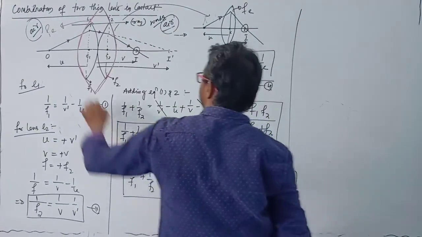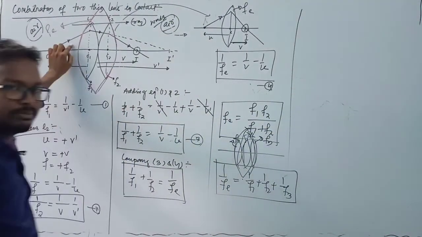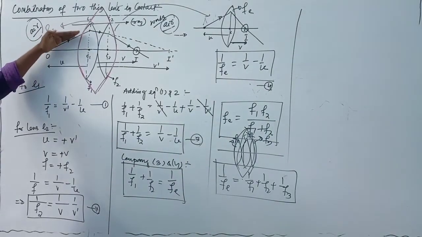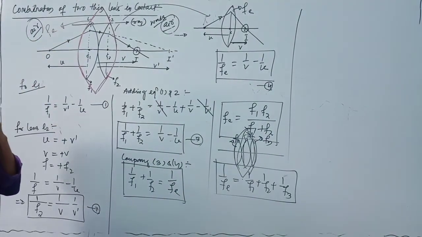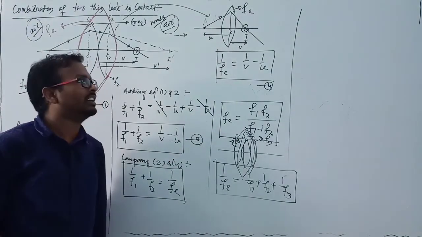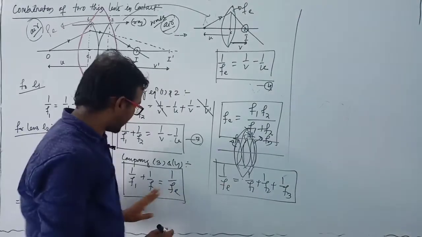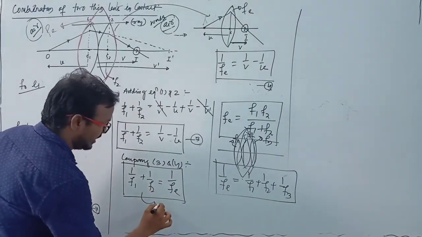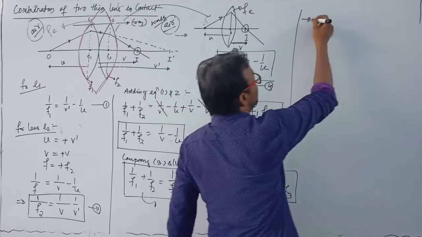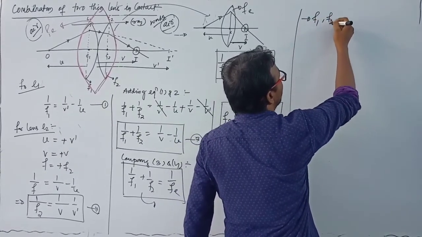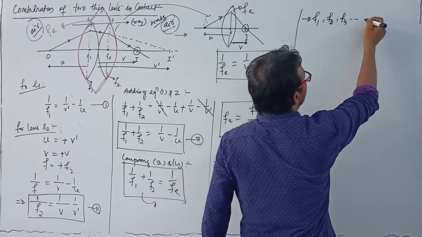And here the rays should be paraxial. Paraxial means the ray which is nearer to the principal axis, and in this case the angle of incidence and angle of refraction are very small for a paraxial ray. Next point, we have to use this formula with sign: f1, f2, f3 and so on.